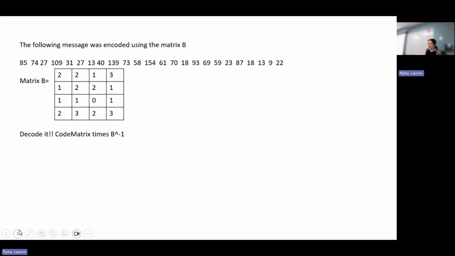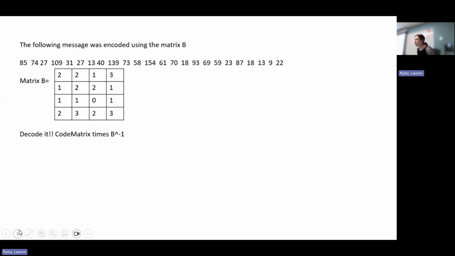Okay? So what happens is there's an original message you have that you use a coding matrix to turn it into a bunch of different other symbols or different letters. You then send the coded version to a person. You give them the key to decode it, and then they can convert it back into your original message.